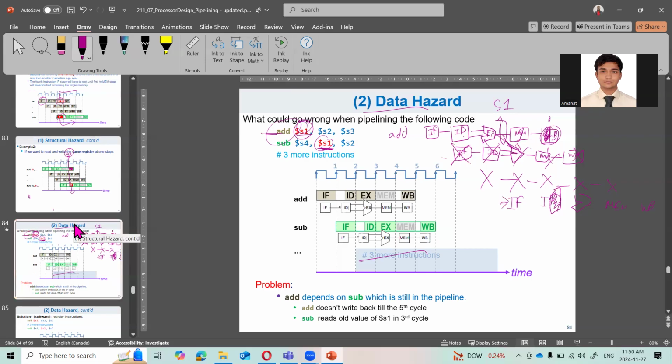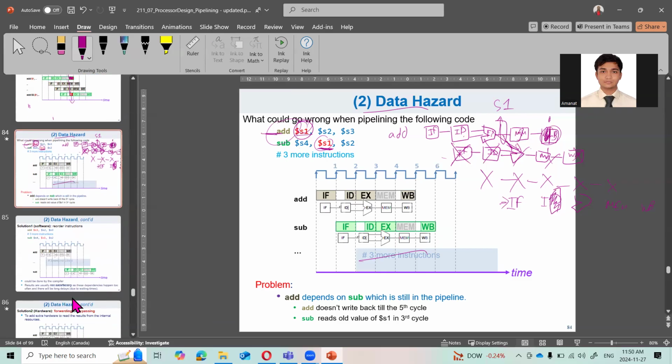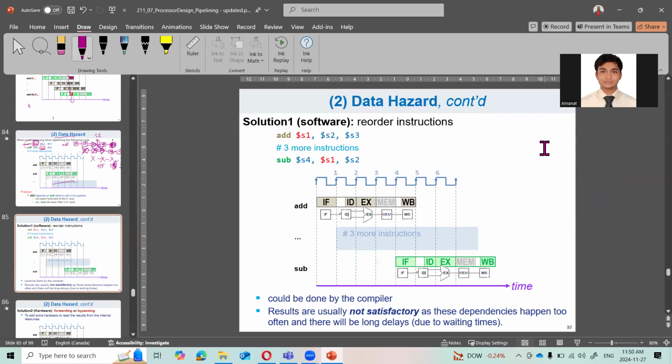Any question on this? It will be more clear once we look at more examples. So basically, two instructions you have to wait if you don't have the forwarding implementation done.